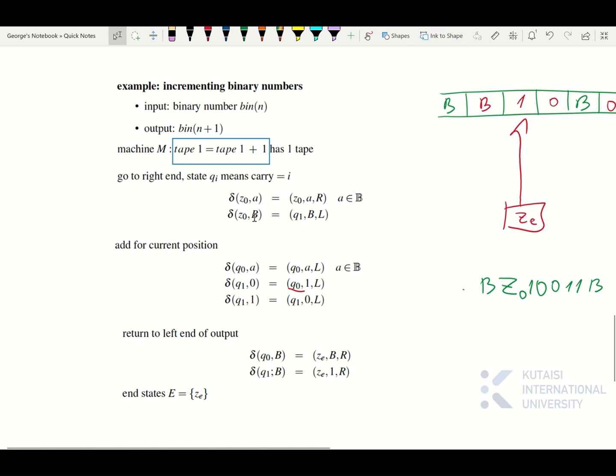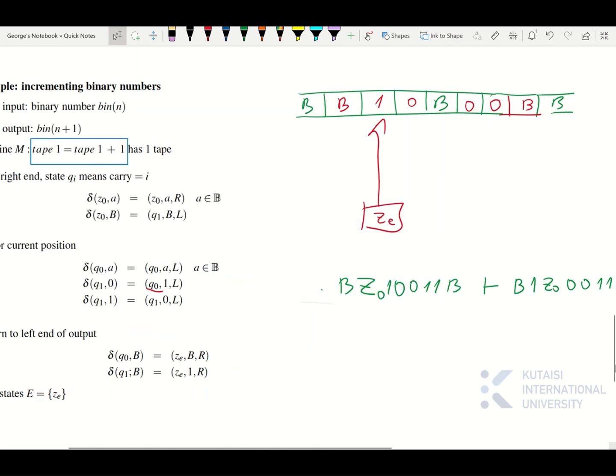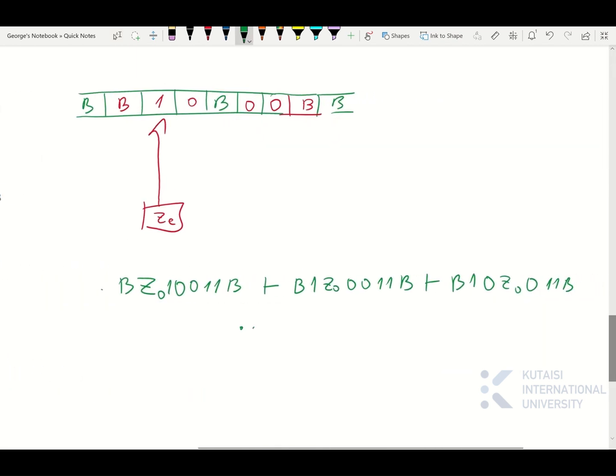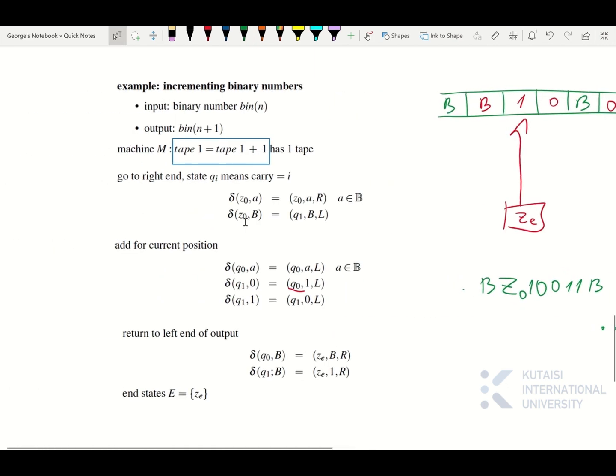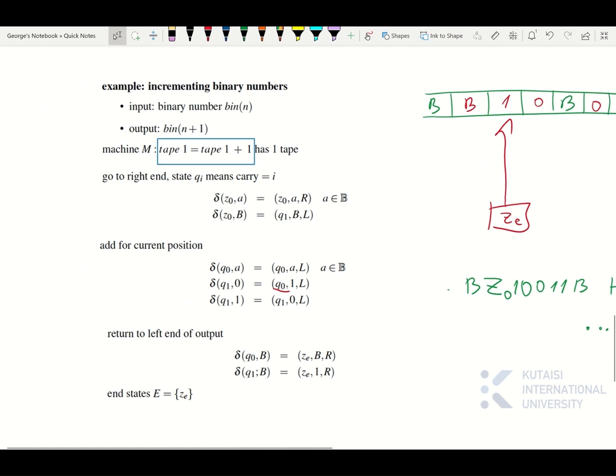And at some point, it reaches this. So let's write this. At some point it goes like blank 1 0 0 1 1 Z0 blank. And what is the next configuration? If it reaches blank with Z0, then it goes to Q1 and goes left now.